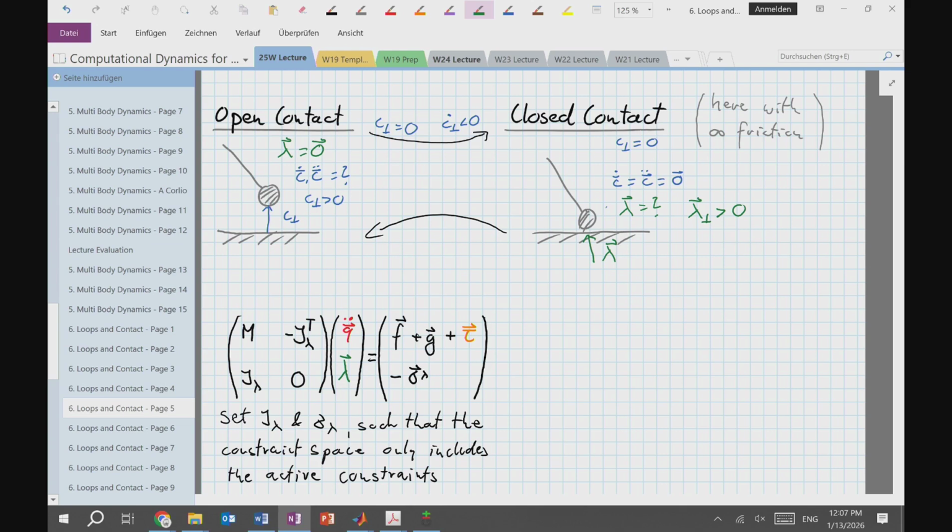So if I model this as an equality constraint and say that contact distance is 0, and I monitor the normal component of my contact force, if that becomes negative, I know that the ground is basically pulling on my foot, which cannot be, which means in reality I would leave the foot and transition back to the left case, to open contact. So I would have the transition when my perpendicular contact force is equal to 0.